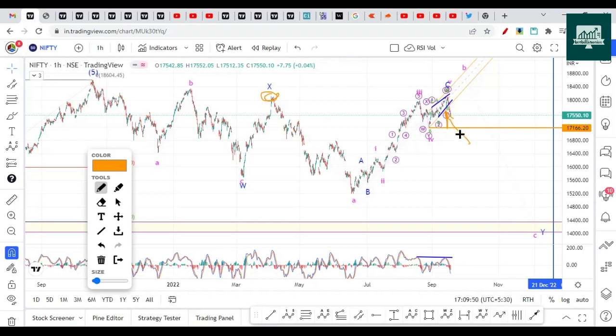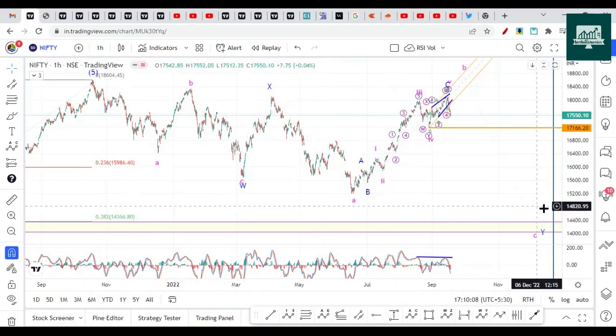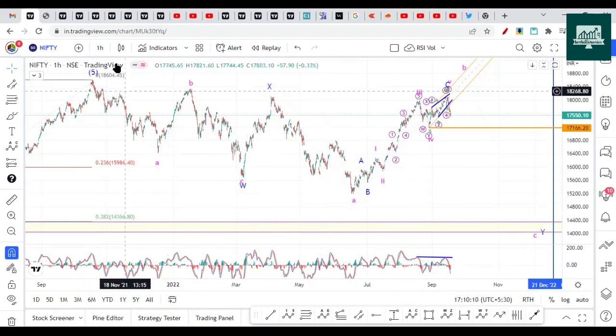If it sustains that and gives a bigger bounce, then there is a chance that it will break this, and then our analysis could be wrong. For regular flat correction, there is still a chance of irregular flat or expanded flat, right? So this is how we look at the wave counts and the downside probabilities there.